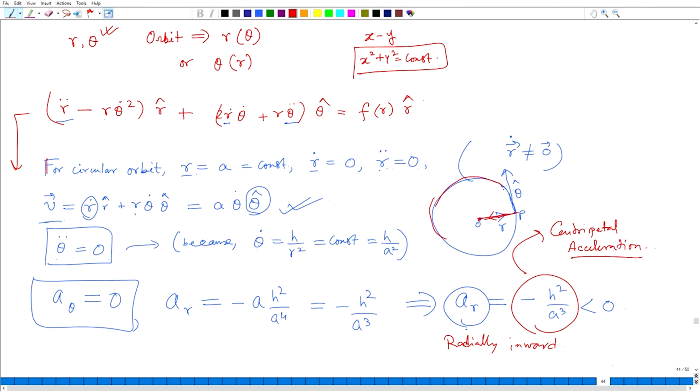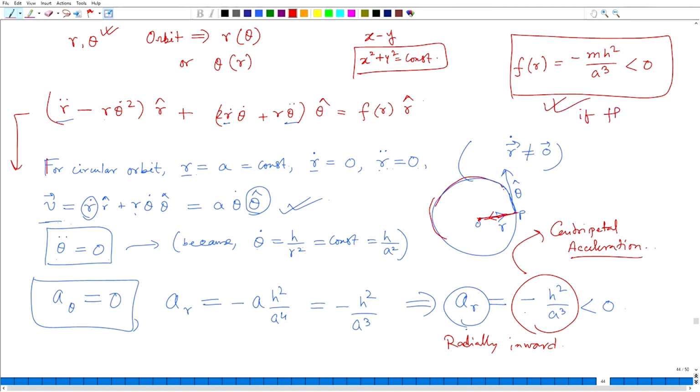Okay. We are now going to attack a very interesting point. Since this acceleration is negative, then this force function, which will now be minus m h square by a cube, will also be negative, and that actually says that under a central force a circular orbit is only possible if the force is attractive in nature.